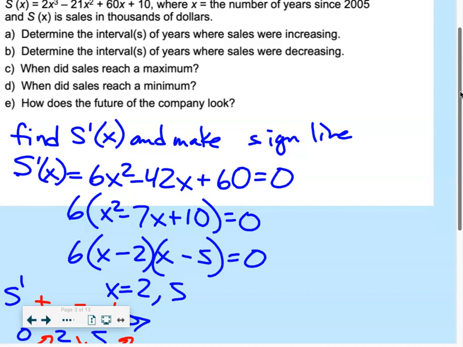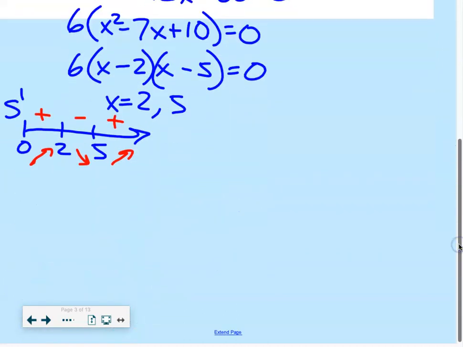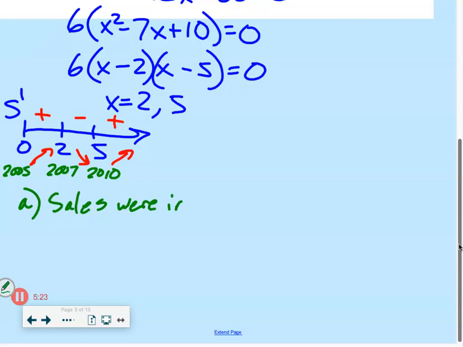But in this case, I asked for years. So year 0 is 2005. If this is 2005, this is 2007, this is 2010, and then that's forever. So I would say for part A, sales were increasing from 2005 to 2007 and 2010 to forever.